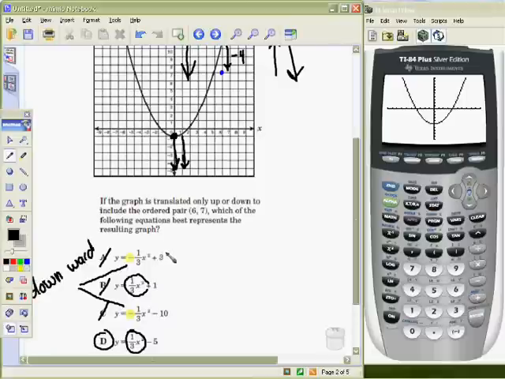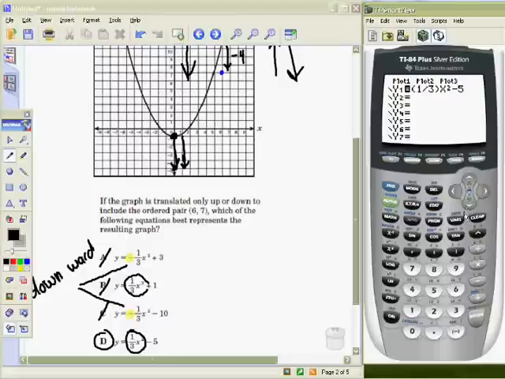If you look at A and C, by plugging A and C in, I'll just plug one of those in to show you how that would have looked.